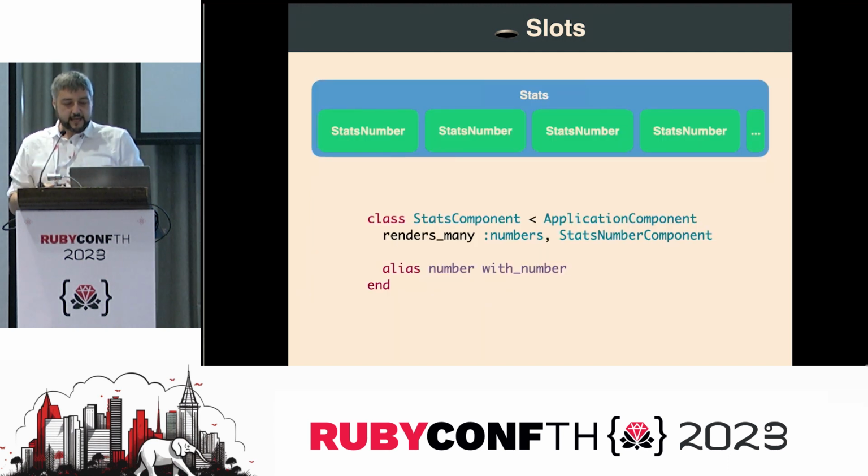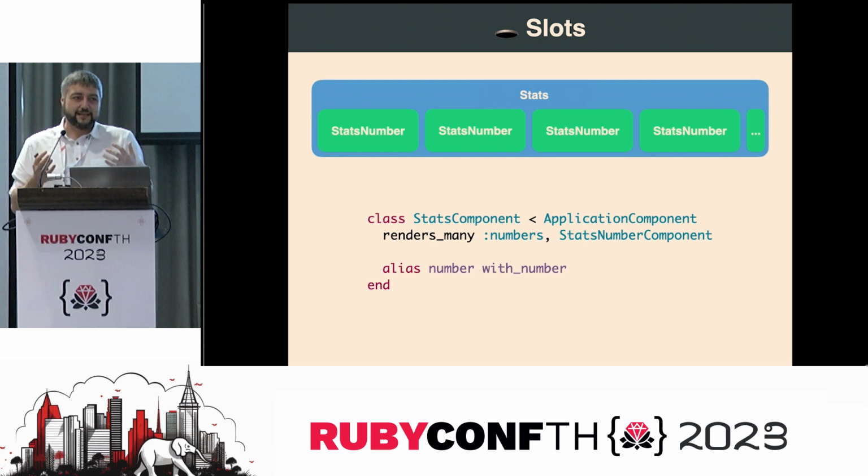In this case, the stats component renders many numbers, and the numbers use the component stat component. Another thing I use here is that render many uses this method called with numbers, which honestly for me doesn't read very well.